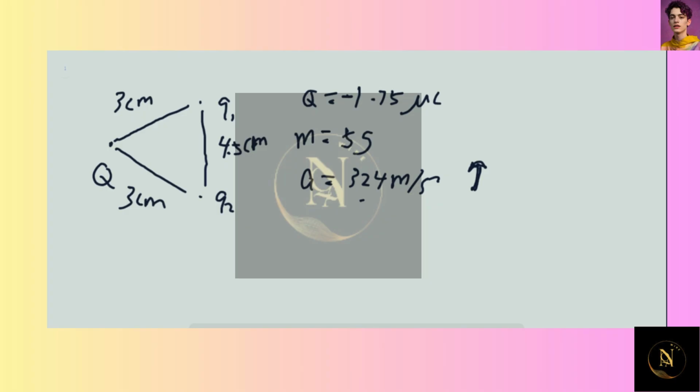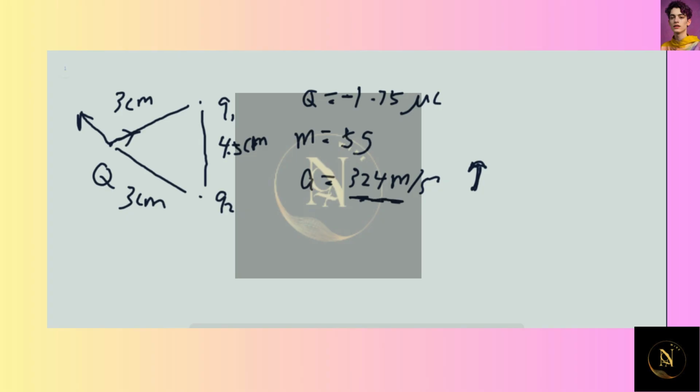By using these conditions, we can see that Q1 and Q2 have to have the same magnitude of charge. The reason is, if Q1 and Q2 have different magnitudes, then there will be a net force in the x direction, so the acceleration will not be pointing in the y direction.